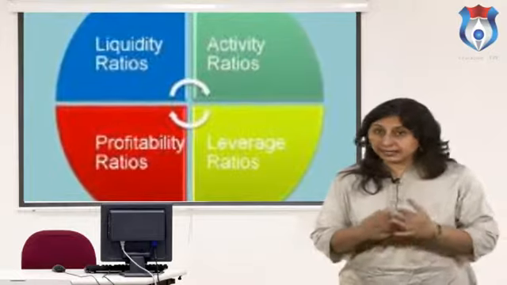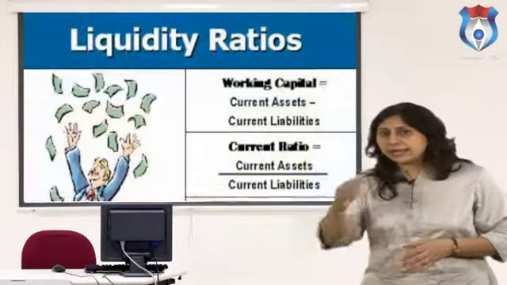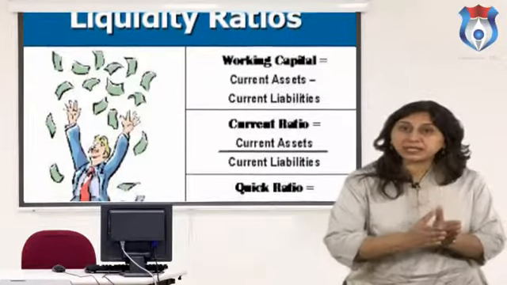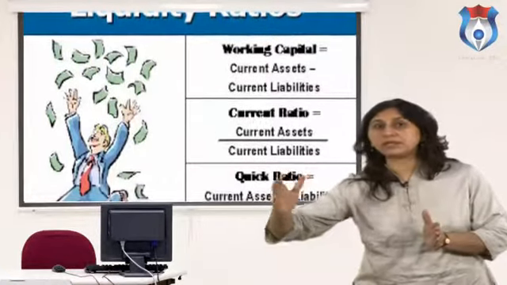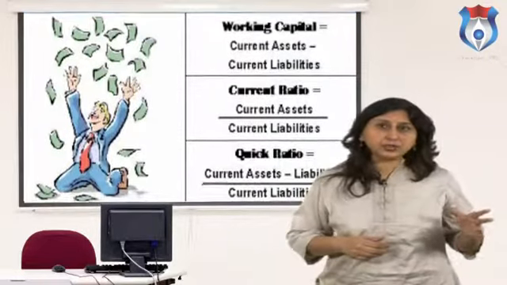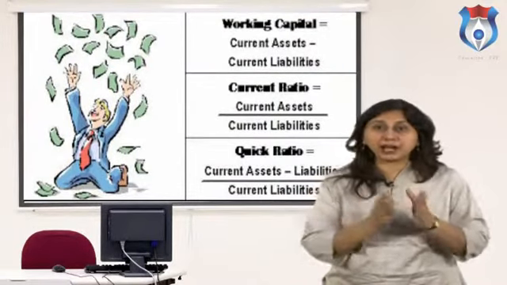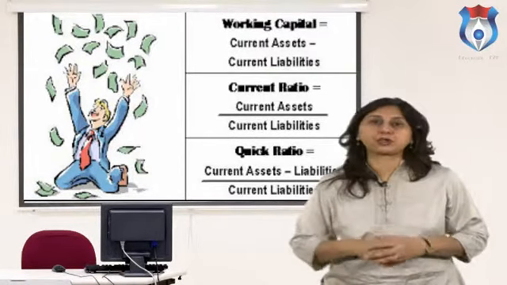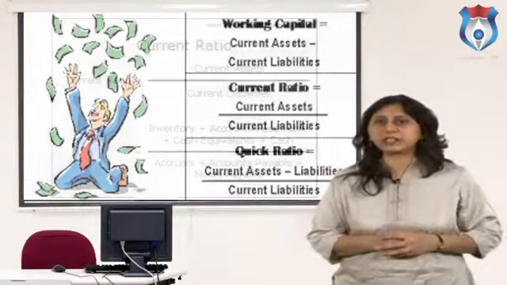Liquidity ratios. Liquidity ratios provide information about a firm's ability to meet its short-term financial obligations. Two frequently used liquidity ratios are the current ratio or working capital ratio and the quick ratio. Current ratio.